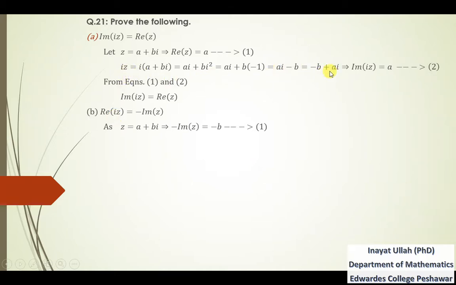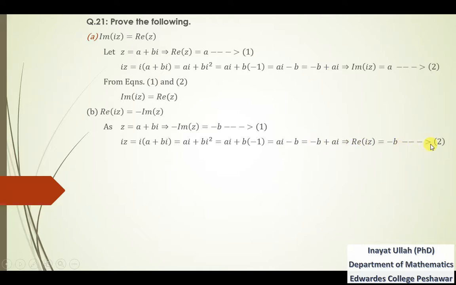That is iota z, and then we will take the real part of iota z. What is the real part of this iota z? That is actually minus b. We have calculated iota z in the same fashion, and the real part of iota z is minus b.